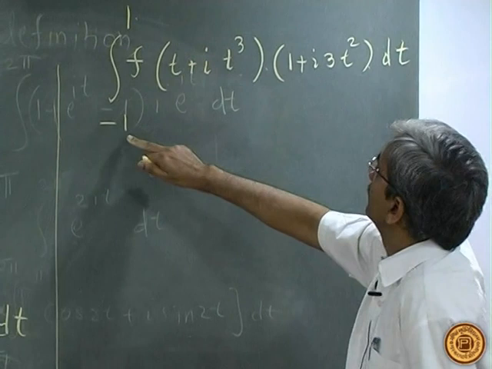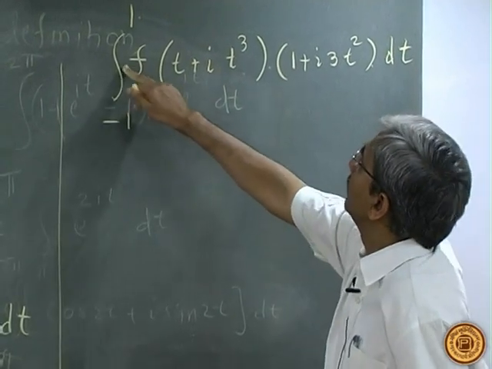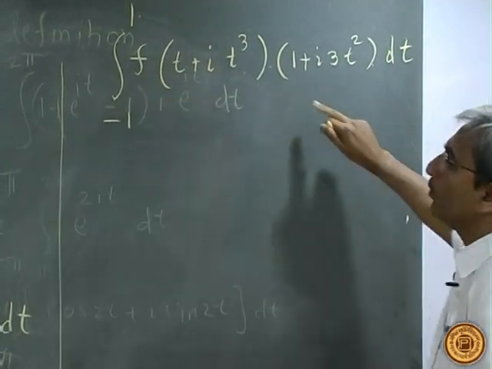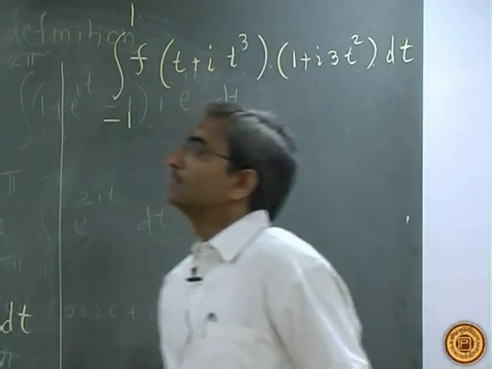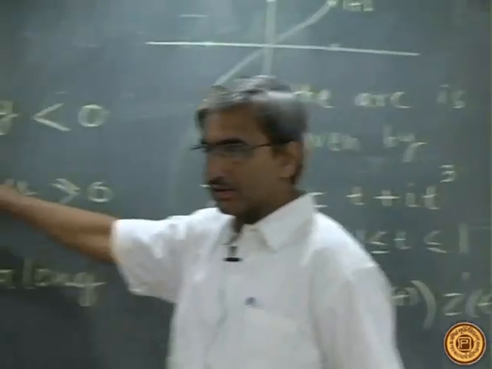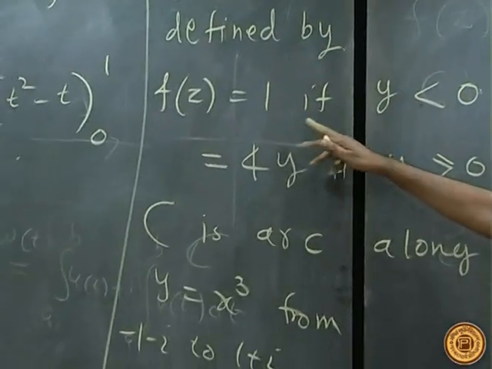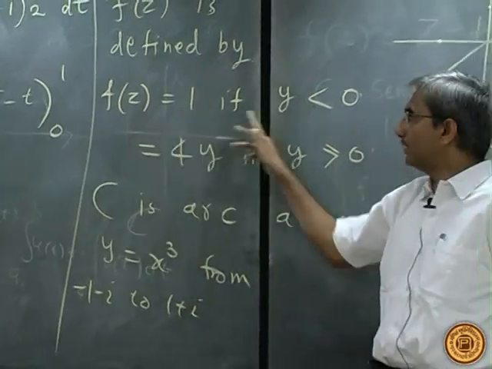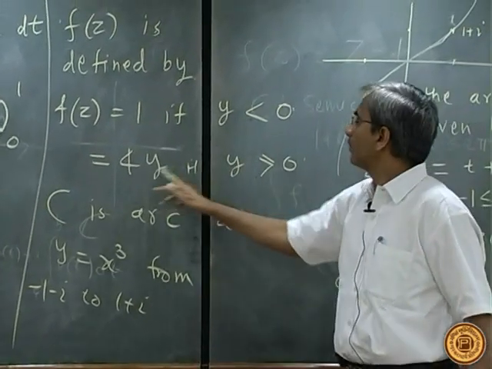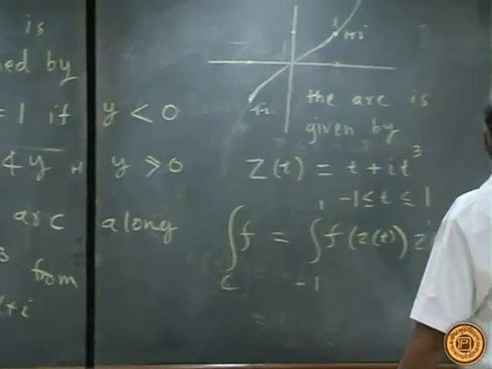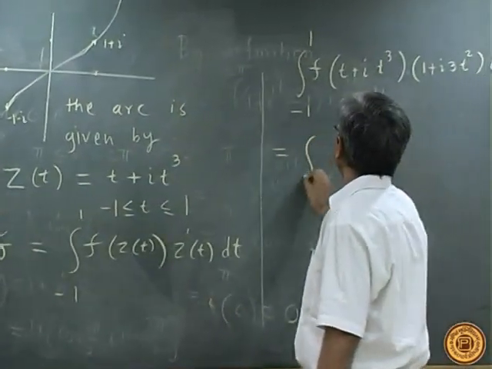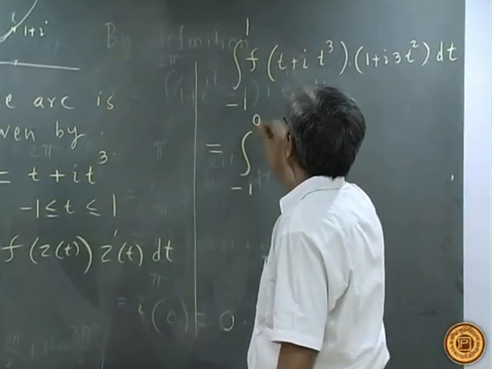That means from minus 1 to 0, this f will take value 1. The definition of the function is f(z) is 1 if y is negative and 4y if y is positive. So this we have to split into two parts, minus 1 to 0.